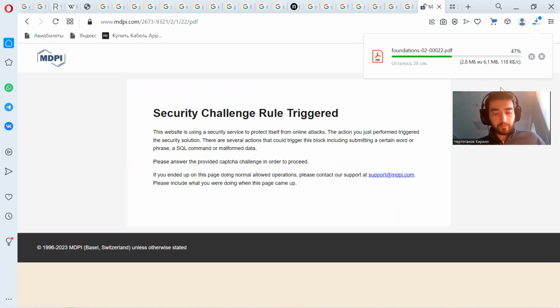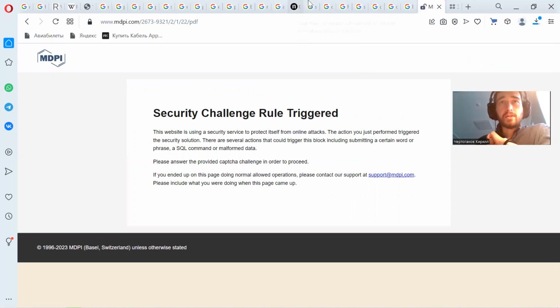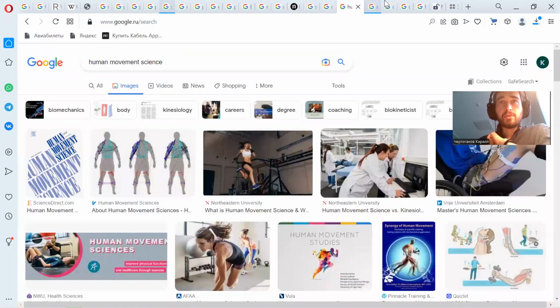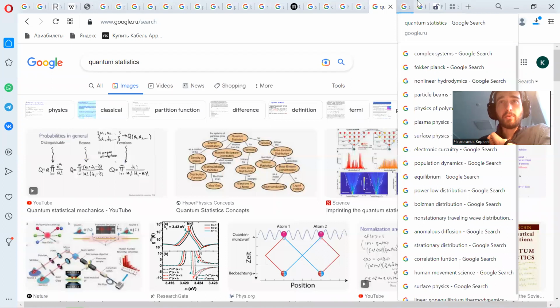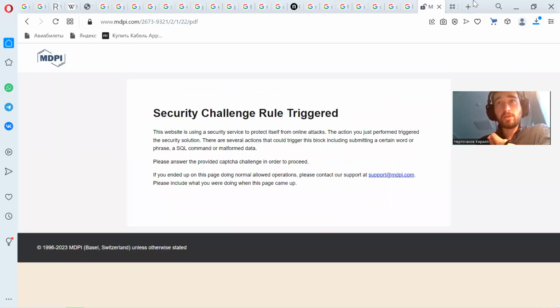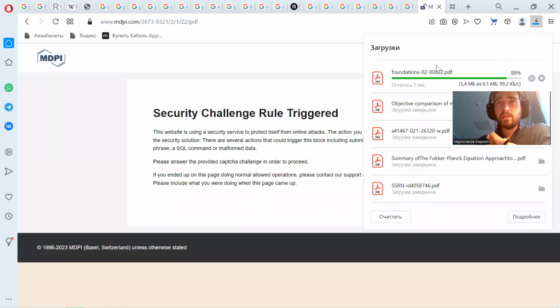So, theoretical considerations and concepts we will illustrate by various examples and applications. As we can see here, a lot of examples. Fokker Planck equations can be used, nonlinear Fokker Planck equations. And specifically, this article is quite interesting.